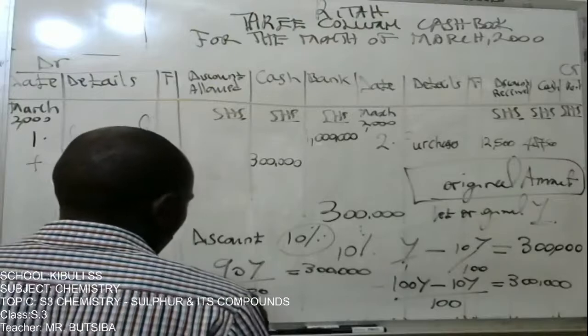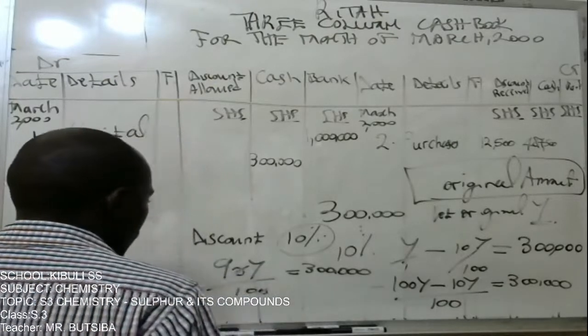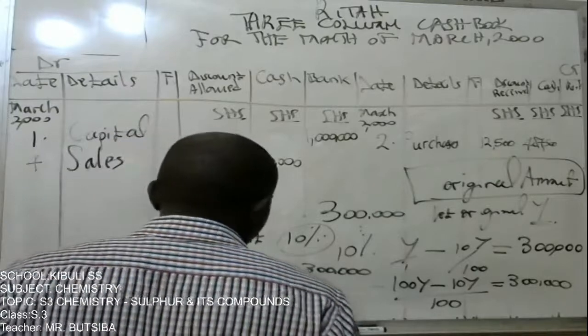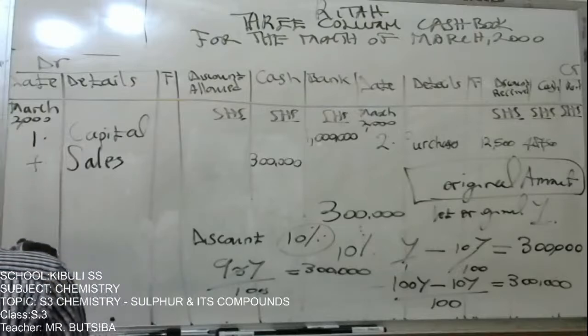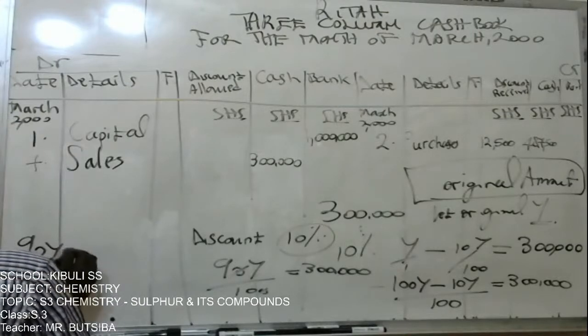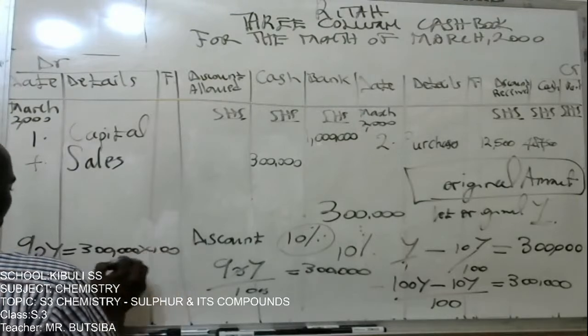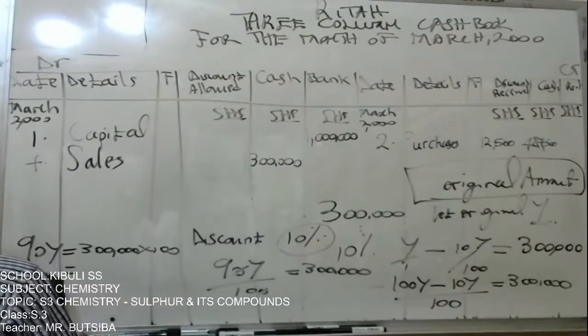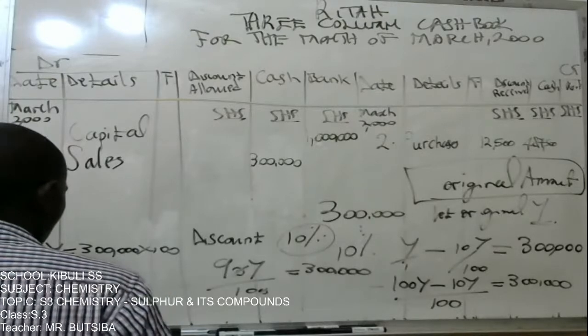So you go ahead and get your calculator. You can move this and that, or you simply multiply 100 by 300,000 to save yourself. So you have your 90y, which equals 300,000 times 100.